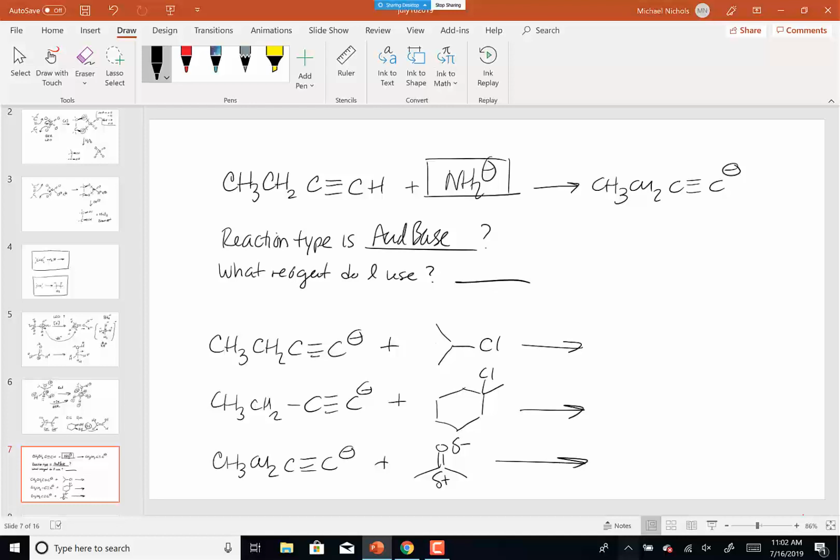So what was the mechanism for the first reaction? SN2. Why? Because this is a strong nucleophile plus a secondary halide. So that's going to be SN2. So the negative is going to come in, kick off the chlorine.